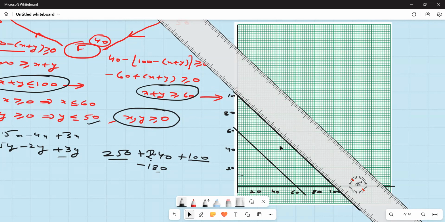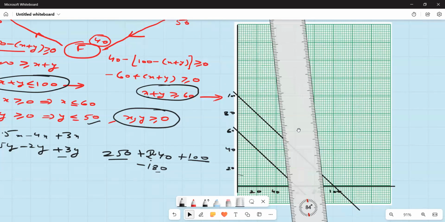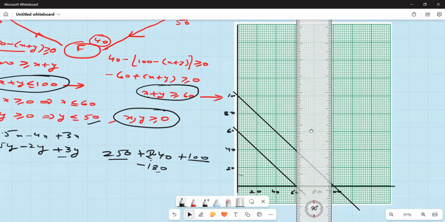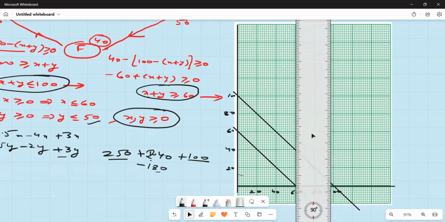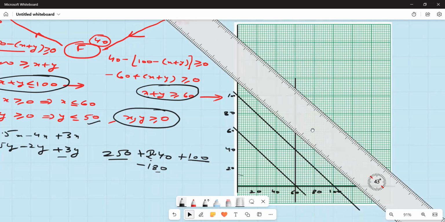Then x is less than 60 and y is less than 50.